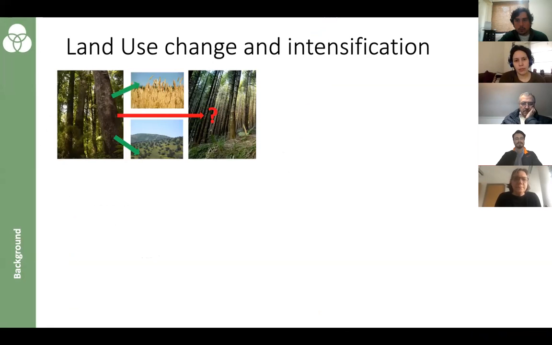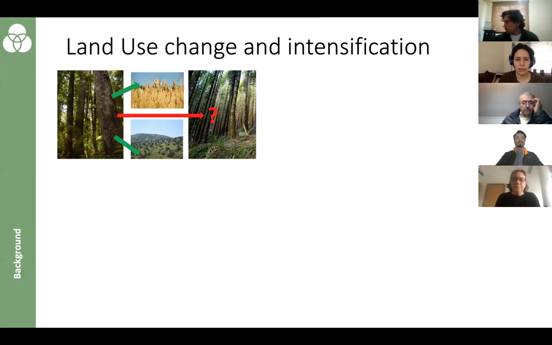So land has been changed very dramatically through human history. And we have forests as this ultimate ecosystem that many people refer to as a natural environment that many people go to for healing, or from which we also obtain very important services and resources.